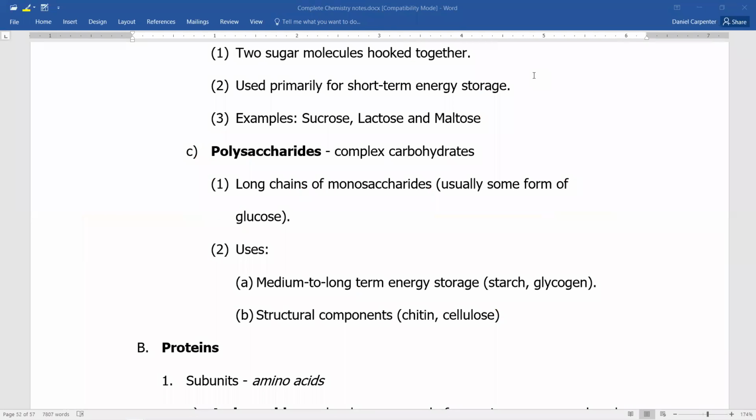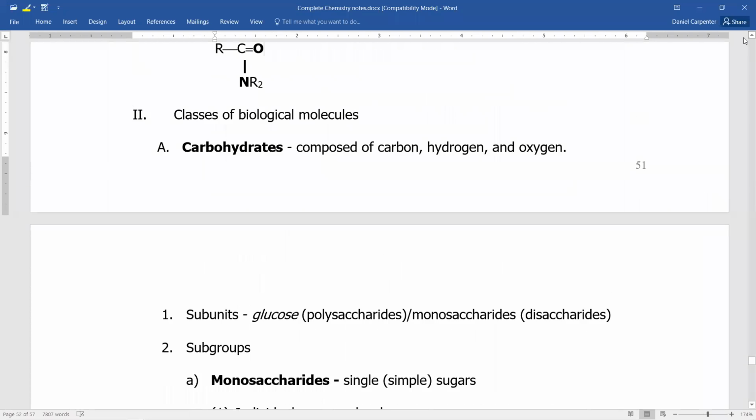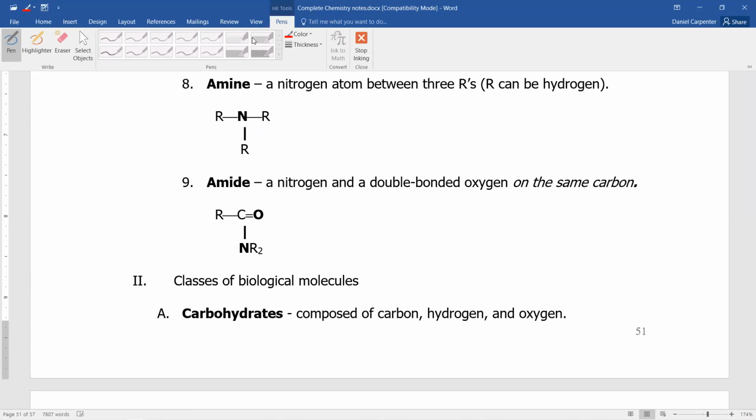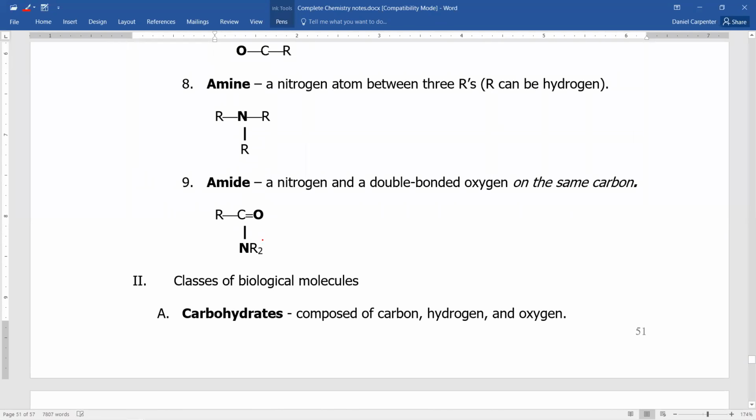So if we look here, that's the R2 right there.